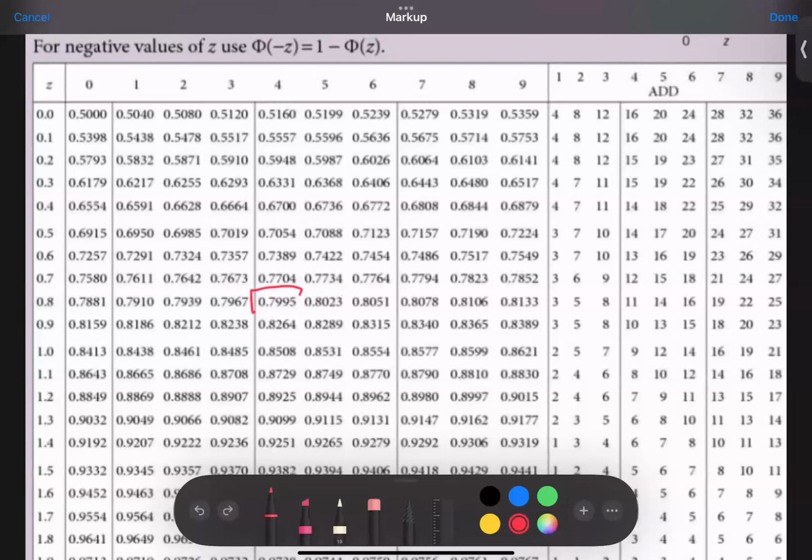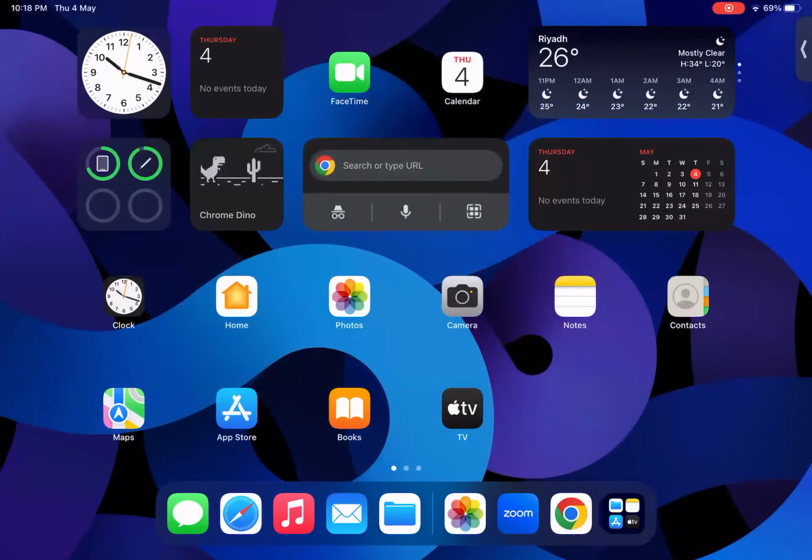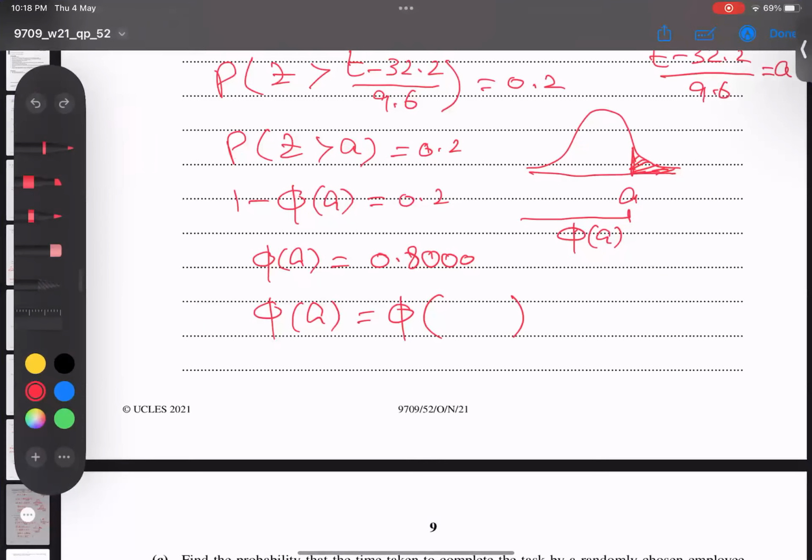So for this number I'm looking for, I get 0.8 from here and 4 from the top. How much do I have to add to get 0.85? 5 comes here, which means 2. So 0.8 from here, 4 from the top, and 2: 0.842.